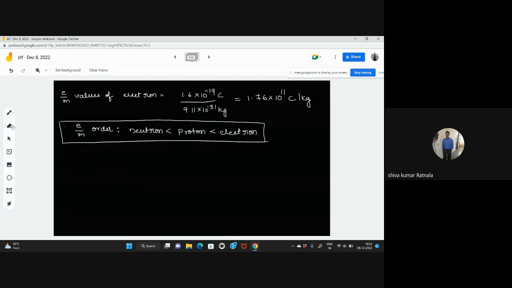But before going to that, we need to know the basic definitions of atomic number, mass number, and how to calculate the number of neutrons.